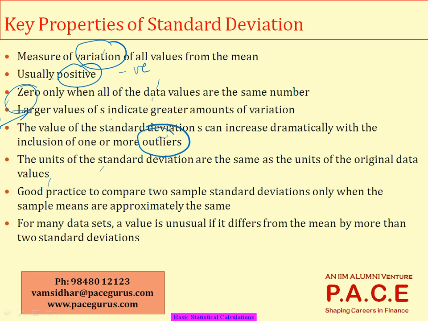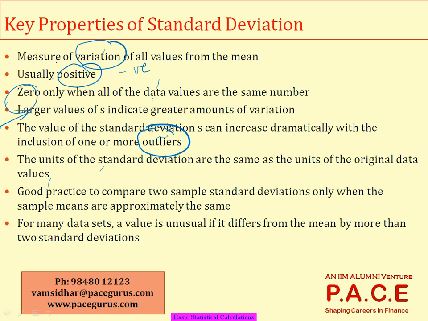Then the units are the same as your original data. If your original data is in grams, the standard deviation also is in grams. If the original data is in meters, the standard deviation is also in meters.